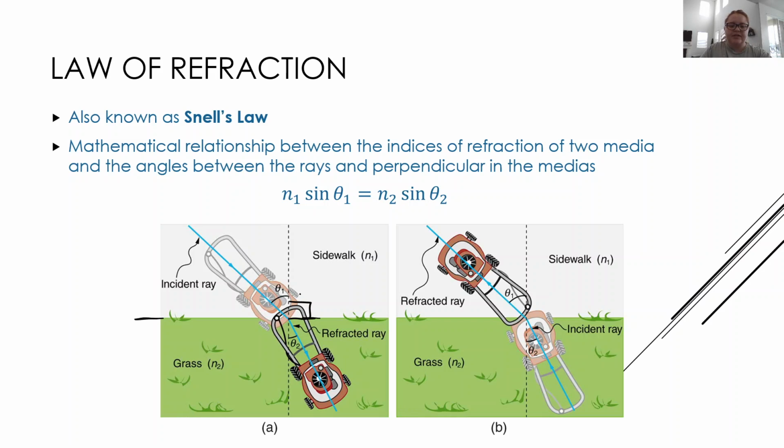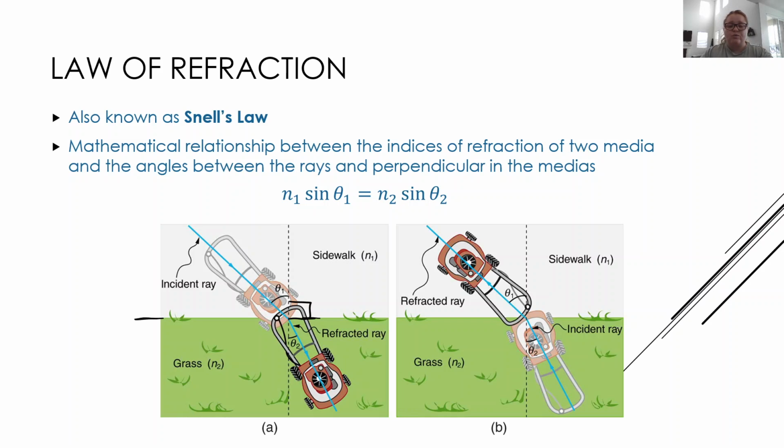So this is the perpendicular. This angle here is equal to n2, the index of refraction of the grass in this case, times sine of theta 2, which again is measured from the perpendicular to the surface. That's where we measure this angle from.